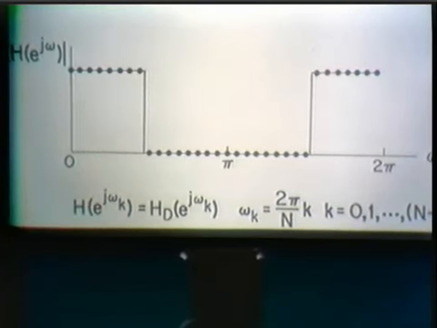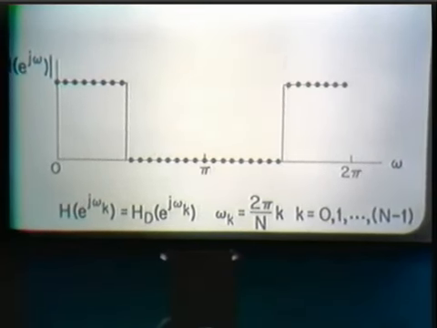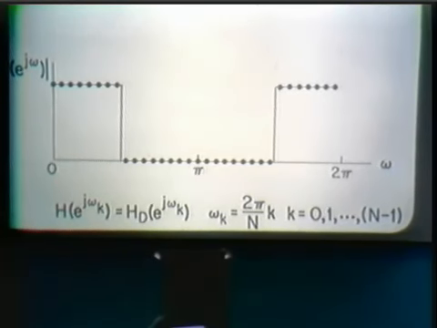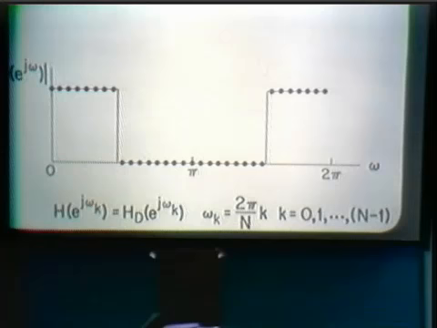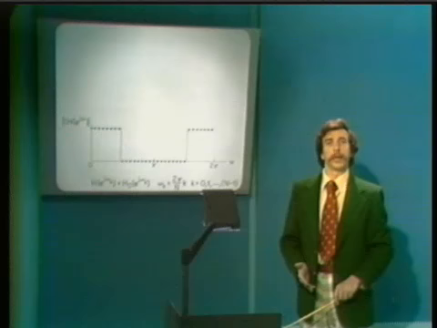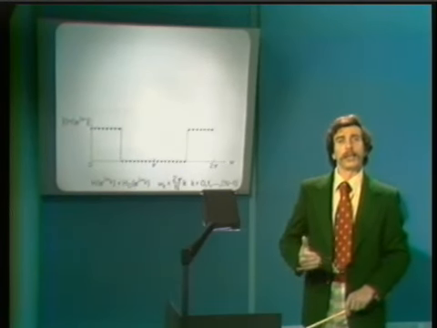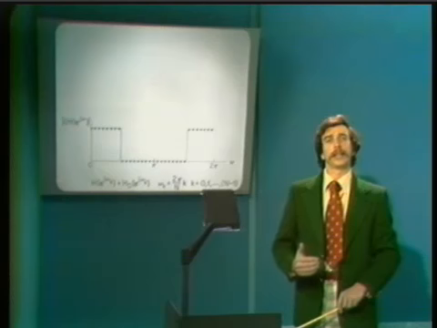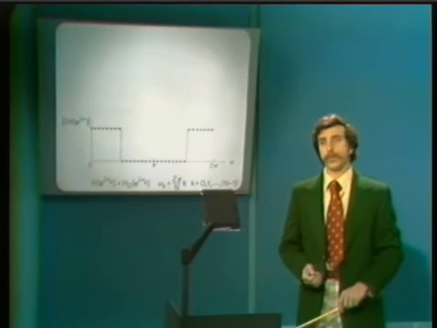Now, one could inquire as to whether, in fact, if we do that, what we're able to implement is the desired digital filter frequency response. In other words, we know that we can implement a finite impulse response filter by using only the values specified in the discrete Fourier transform.